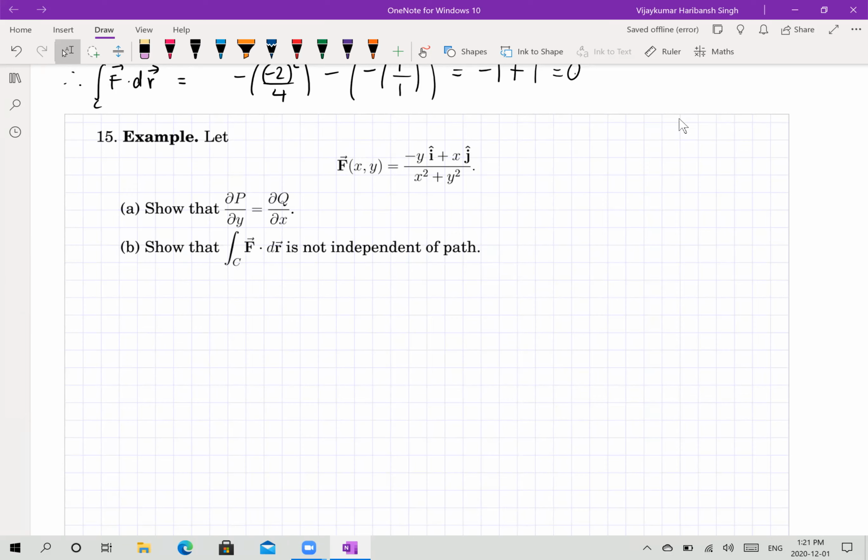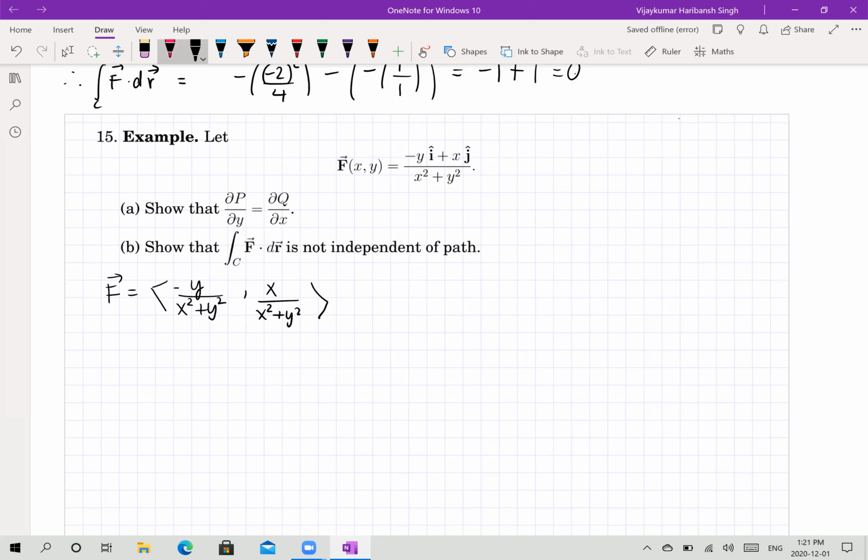So let's see, we have F equals minus y over x squared plus y squared, x over x squared plus y squared. So what do we need to show?